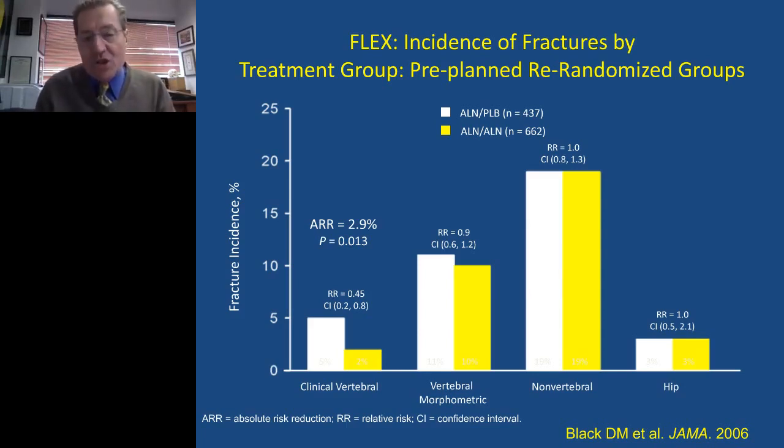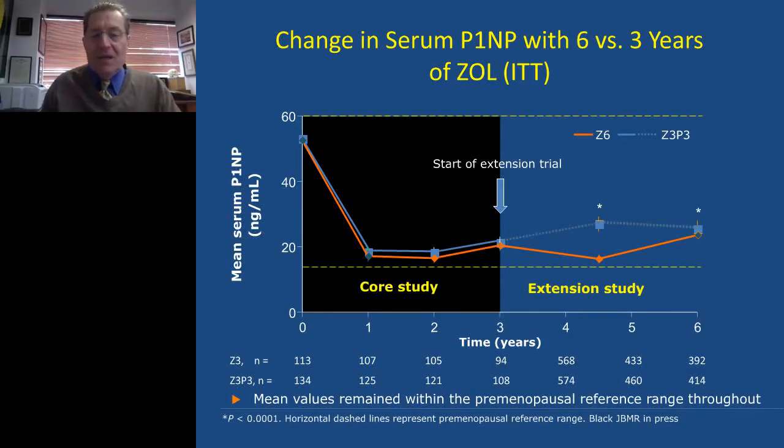This data would suggest that there could be a relationship between the rise in the marker and the increase in the fracture risk. This is not proven. This is not validated. The statistical power of this was not done to look at these relationships in that manner. This is an association between the rise in the marker and the increased risk of fracture.